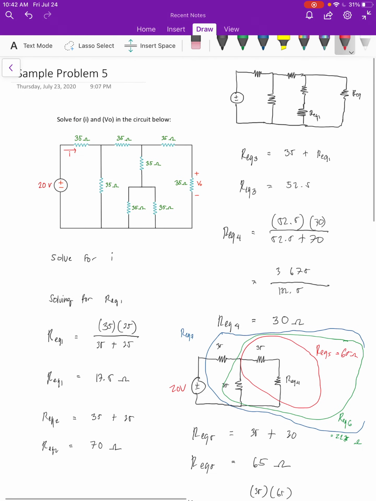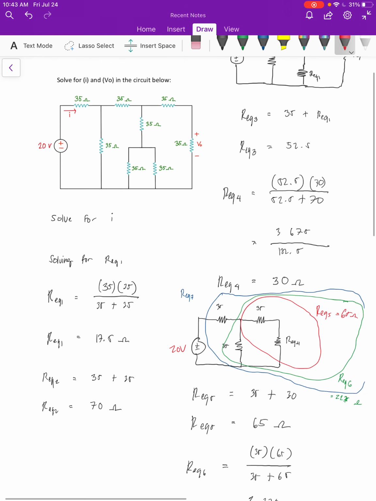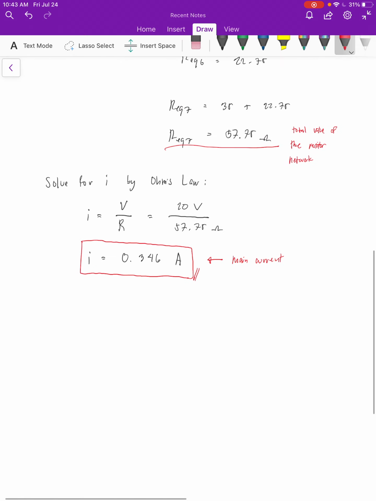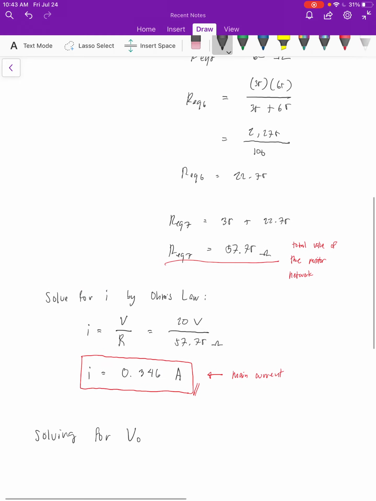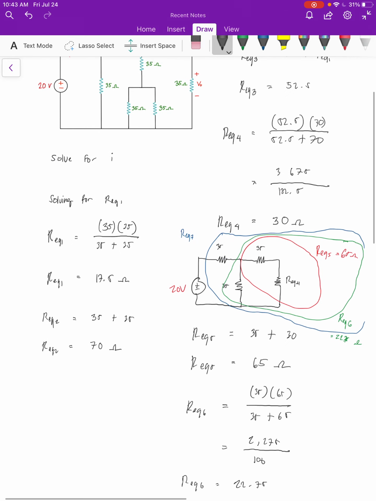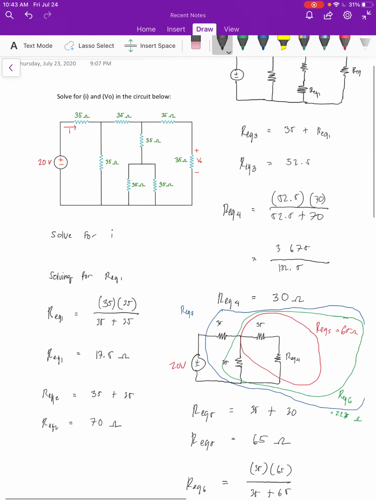But more onto that, the next task that we have here is to solve for VO, which is unfortunately located at the last branch, or the farthest branch from our voltage source. So yeah, solving for VO. In order to solve for VO, we need to re-expand the network once again.